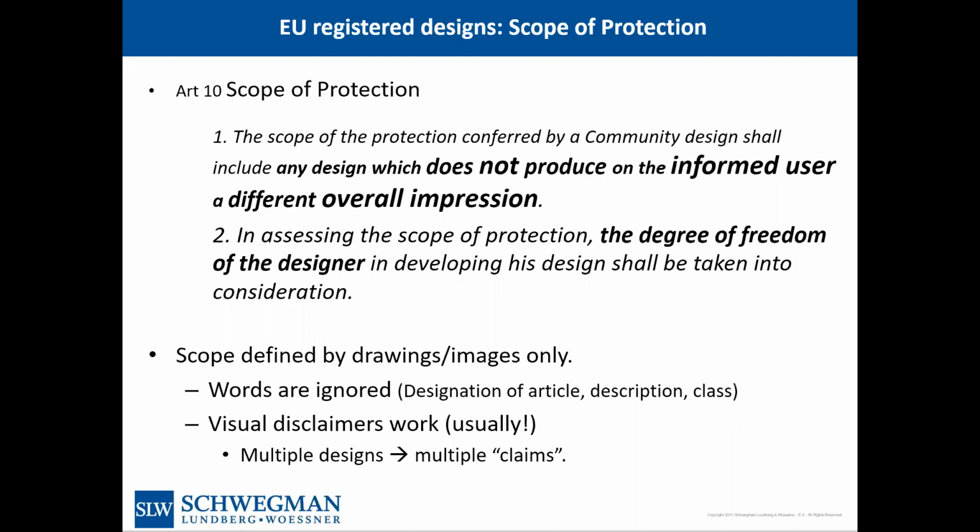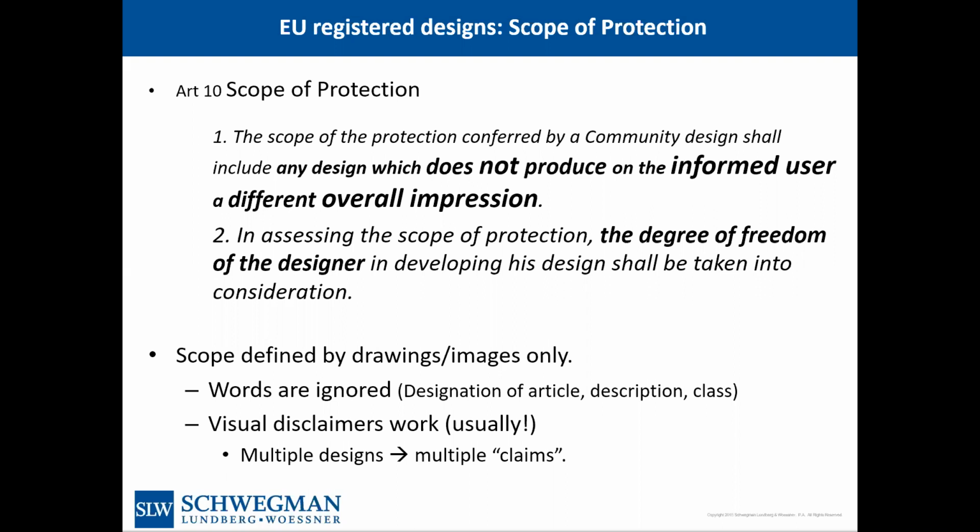So overall impression sounds quite woolly. It's not the vague look of the product, and we'll see some examples again, but the overall summation of similarities and differences, all weighted in accordance to their importance, and also all weighted in relation to how different they are from the body of prior art.